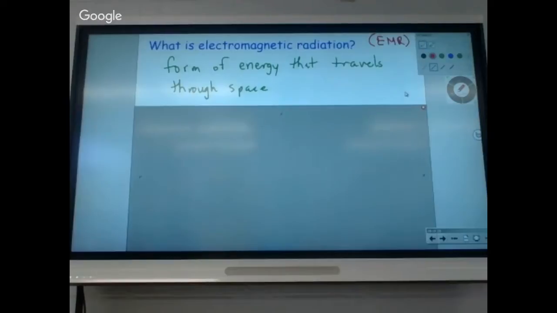I'm good. All right. Now, we need to be able to read electromagnetic radiation off that handy-dandy chart I just told y'all to pull out.